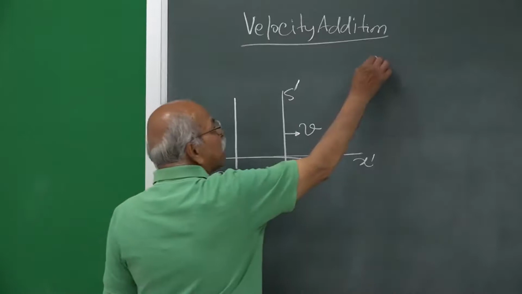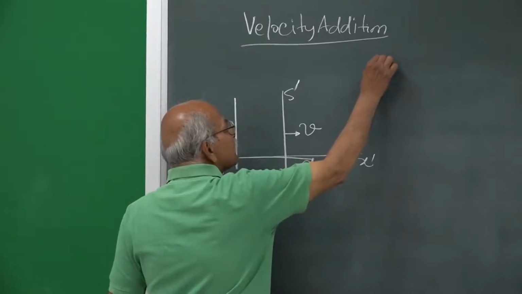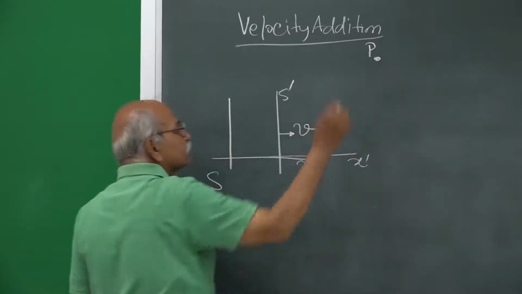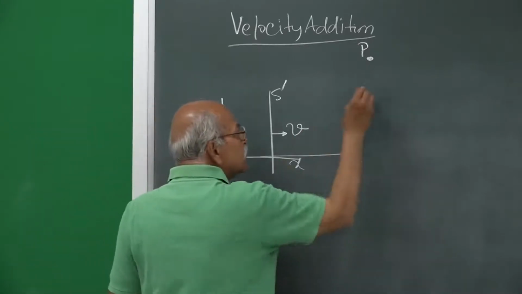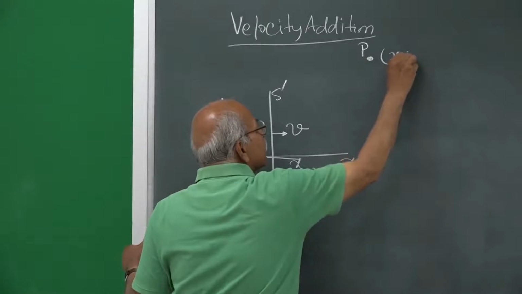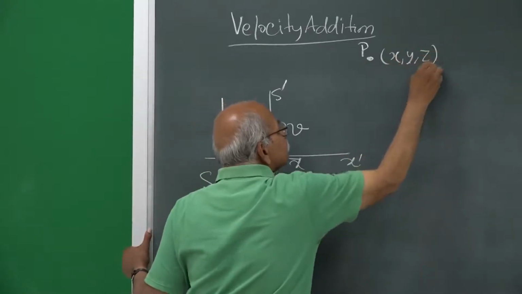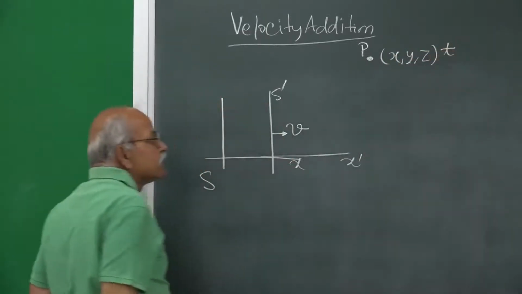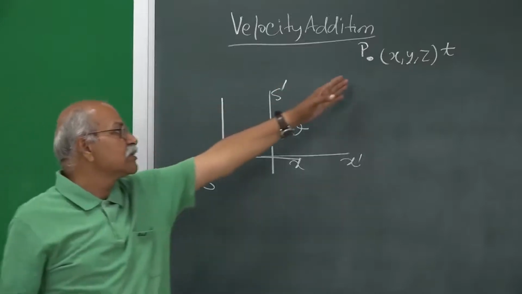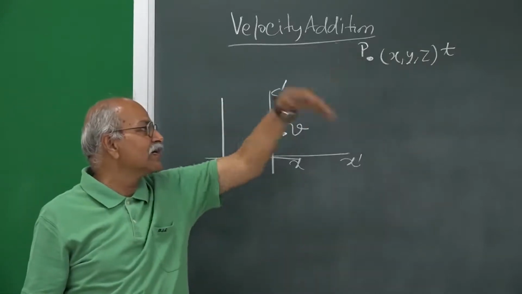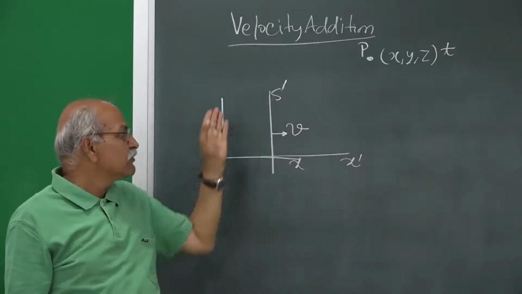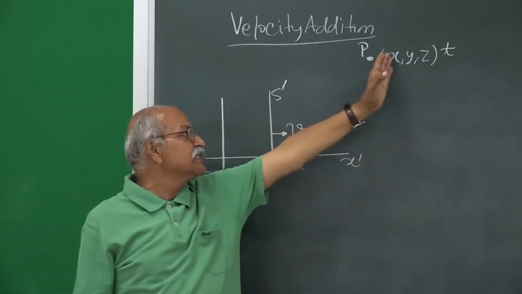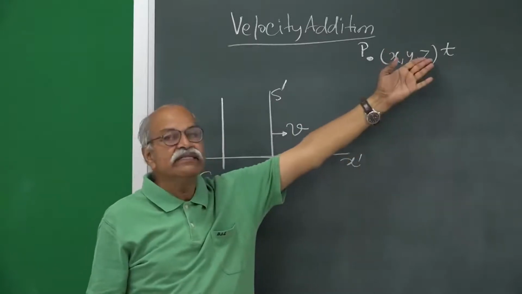And then there is a particle, let us say there is a particle here P, and at time t the coordinates are x, y, z at time t. This is an event, the particle is here at time t. So, as seen from S, for this event the position is x, y, z and the time is t.